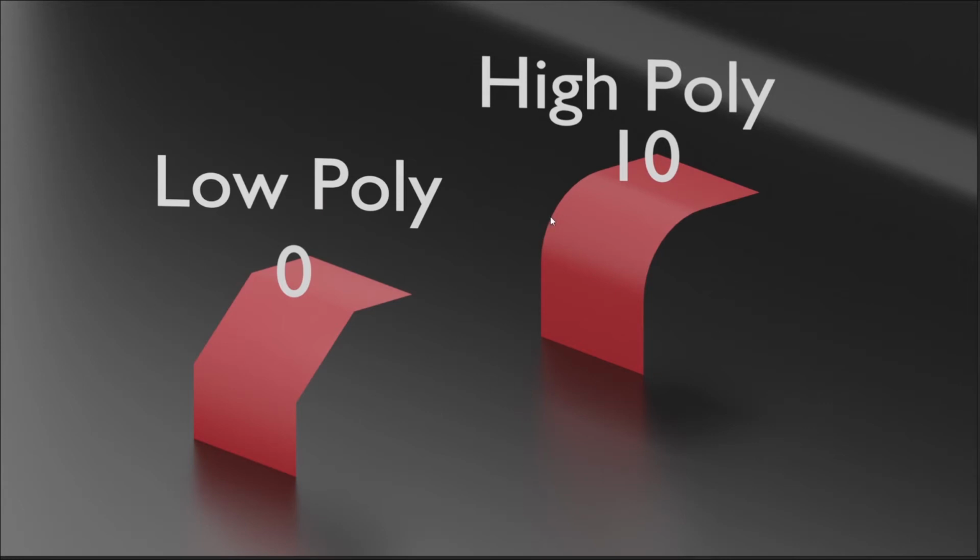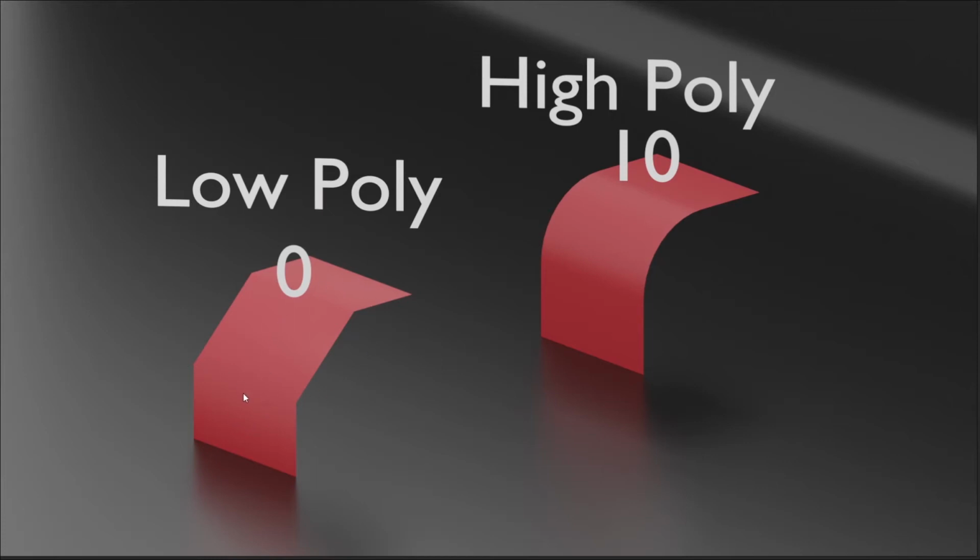Let's look at this example. Here you have spent so many hours creating this high poly model. Later you spend some time creating the low poly model. You bake the normal map and apply it on the low poly model. And then you notice there is something wrong, and you ask yourself why the low poly model doesn't look like the high poly model.